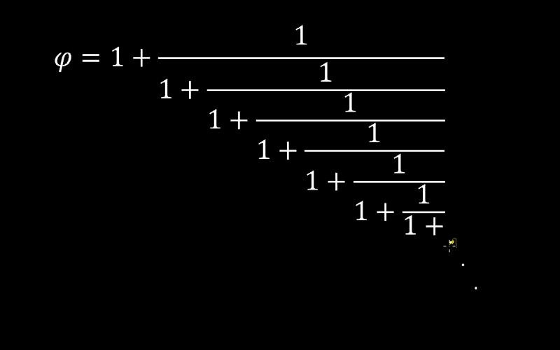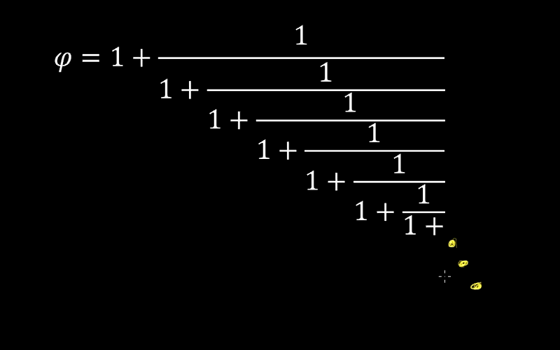And so, that's what these dots right here mean, that we can keep going forever, each time adding 1 plus 1 over the one before it. And so we have another representation for phi, but this time we know what comes next. This time we know what those dots mean.